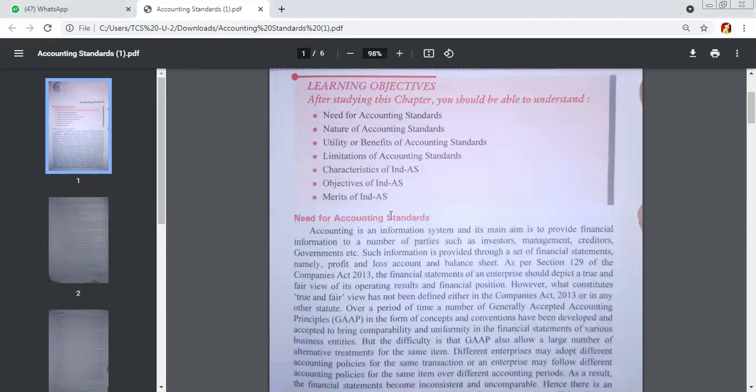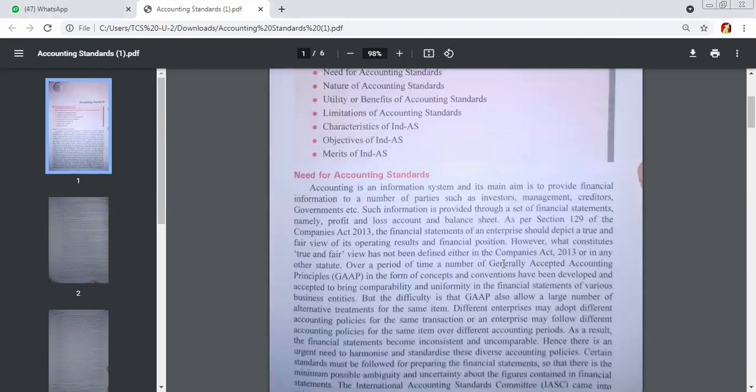Let's start with the need. Before we look at the content, what the author has said, I just want to tell you, in the beginning when accounting started, there were some generally accepted accounting principles, that is GAAP. GAAP is a very famous abbreviation.